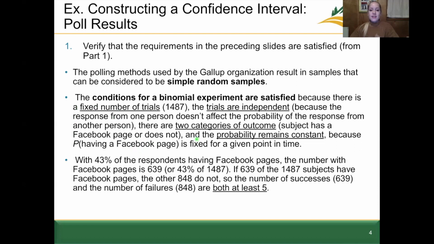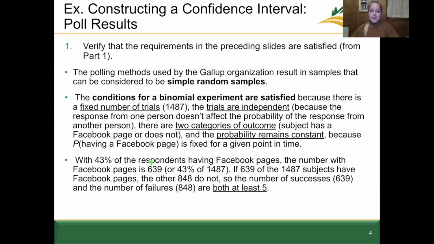Then the next is to say that we have at least 5 successes and at least 5 failures. We don't know that directly from the question, so we have to think through this one. We do know the total number of adults that were surveyed. We were also given in the question that 43% of those respondents do have a Facebook page. So if we wanted to find 43% of our total number of samples, we would take 0.43 times 1,487, and we should get 639.